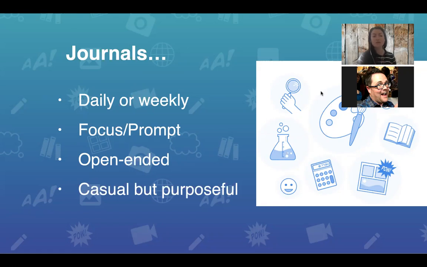There should be a reason and a clear objective for bringing in journals to your work, even if it is something that might not be focused on a specific learning goal that you have on your to-do list of your curriculum. It might be related to an SEL goal, which is just as important. So it can be something that might feel a little casual, but there should be that purpose behind it.